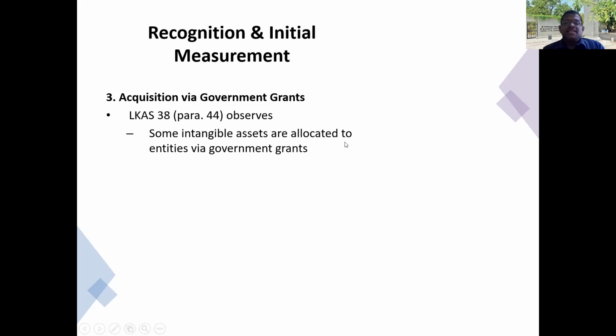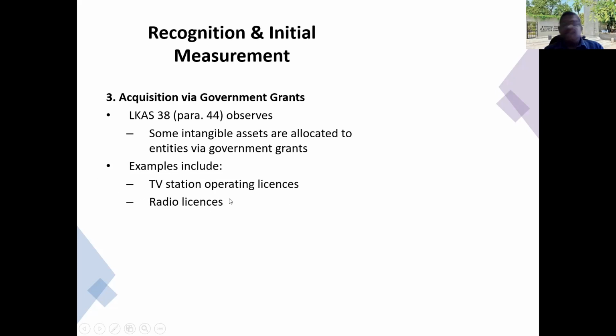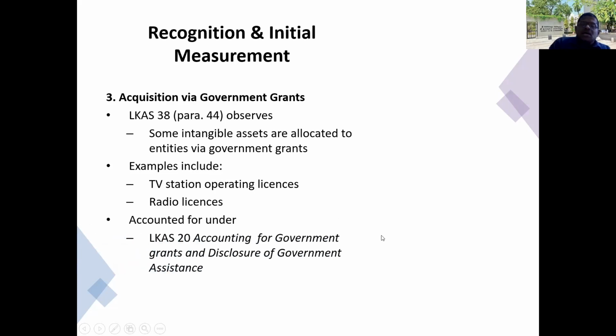Some intangible assets are allocated to entities via government, for example, a television station operating license, maybe a radio station operating license. Those are government grants. If that is the case, we are not dealing with it under LKAS 38. If it is related to government grants, we account for it under LKAS 20, Accounting for Government Grants and Disclosure of Government Assistance. So it's a separate standard.